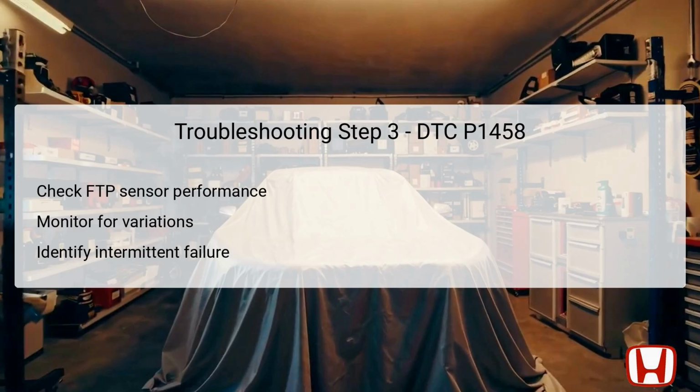If the sensor operates within the expected parameter range, it suggests the system is currently functioning correctly. Although further checks for loose connections or poor terminals at the FTP sensor, ECM and EVAP canister vent valve should be performed.